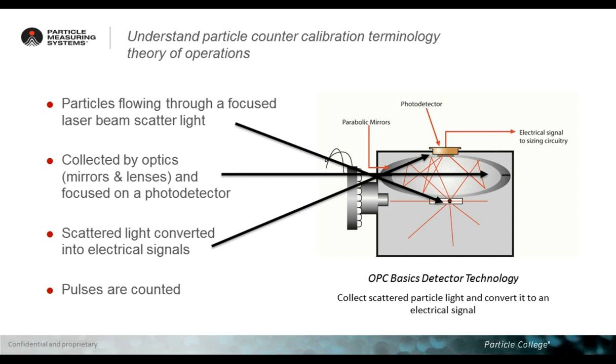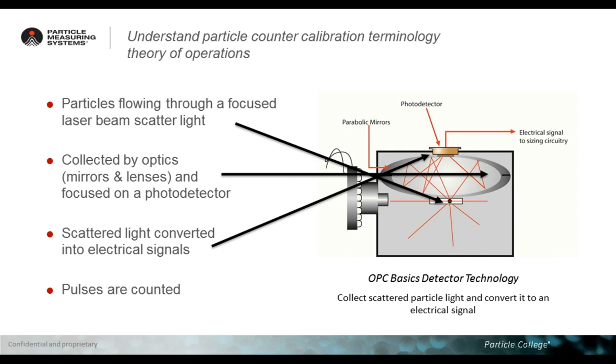On the left side of the drawing, there is a laser diode which generates this red light beam. This particle, while flowing into the optical cell, will face the laser beam and will scatter the light all around itself. This light, while scattered, will be reflected by elliptical mirrors, and because of the design of the mirrors, will always be reflected to the photodetector.